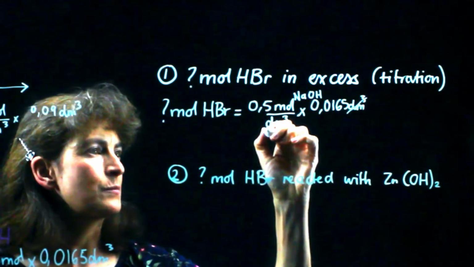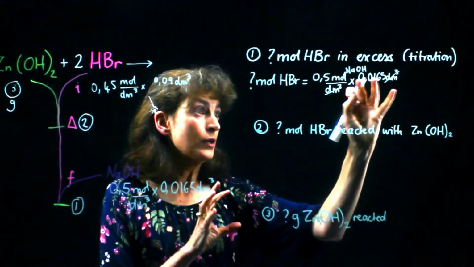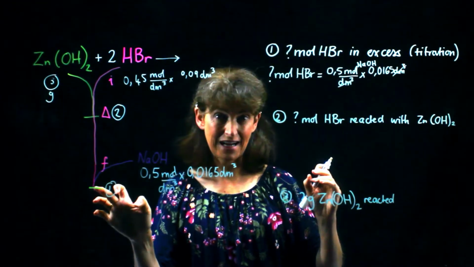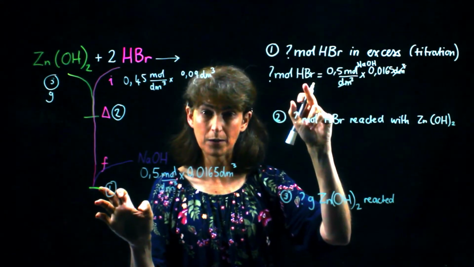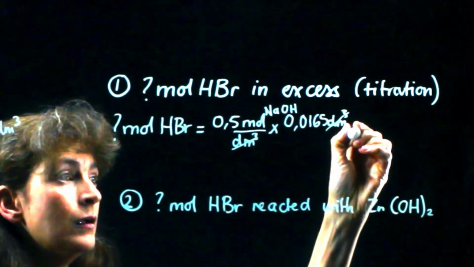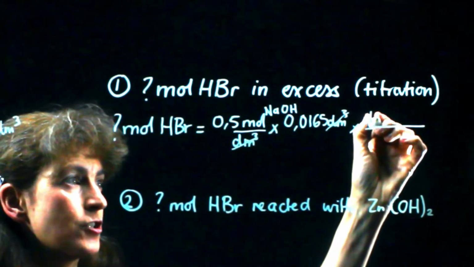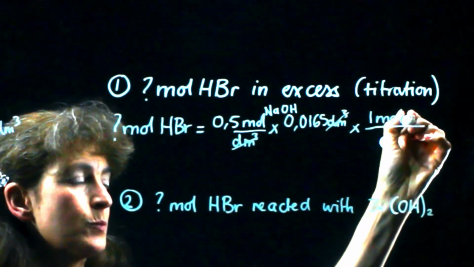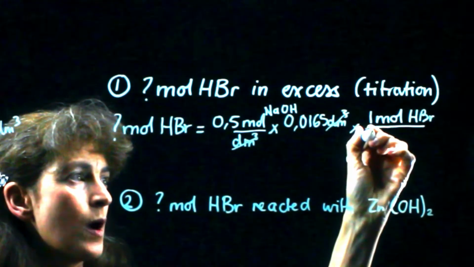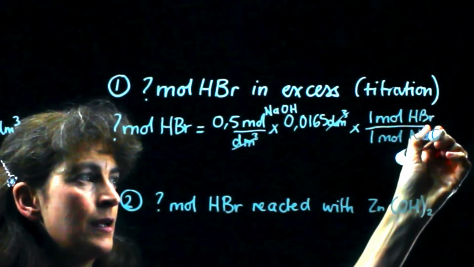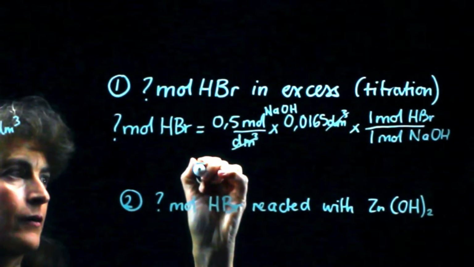So we can see decimeter cubed cancel. You're left with the number of moles of sodium hydroxide that actually neutralize that HBr. But we need to know how many moles of HBr reacted. And we know that they react in a ratio of 1 mole HBr for every 1 mole sodium hydroxide. We see that from the balanced equation. So then that makes it very easy.